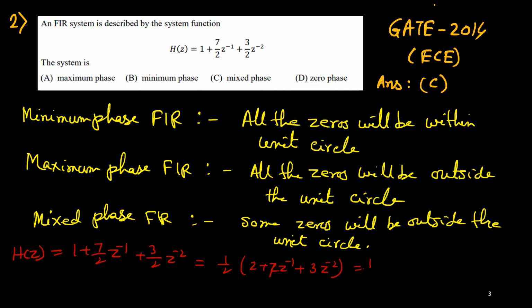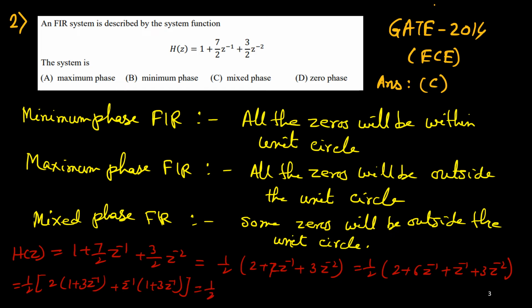So this one we can write as 2 plus 6 z to the power minus 1 plus z to the power minus 1 plus 3 z to the power minus 2. If you take common here, this is half, and then you can take 2 common here, 1 plus 3 z to the power minus 1, and z to the power minus 1 common, it is 1 plus 3 z to the power minus 1.